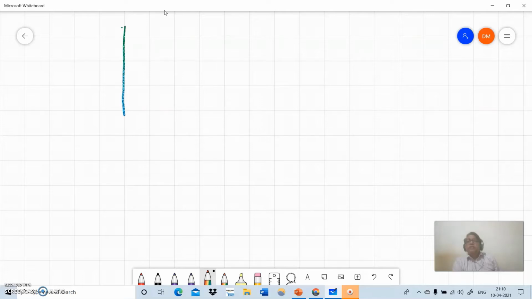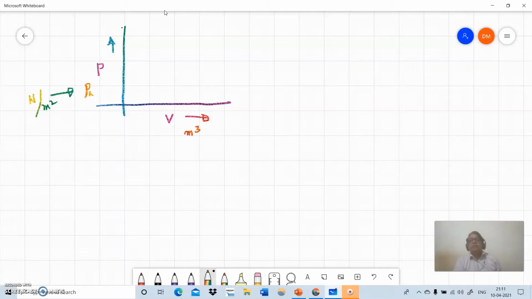Let us consider this ordinate as pressure and V, volume, on the abscissa. Pressure is in Newton per meter square, that is Pascal. At a particular point, if I want to fix a coordinate, this is 1 and this point is 2. At point 1 the pressure is P1 and the volume is V1, and here the pressure is P2 and the volume is V2.